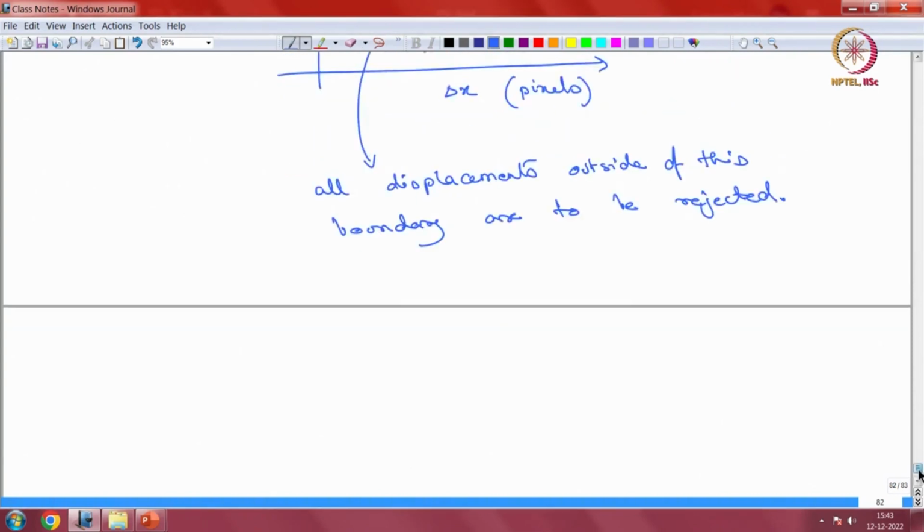There is another method which is also called the dynamic mean value operator.